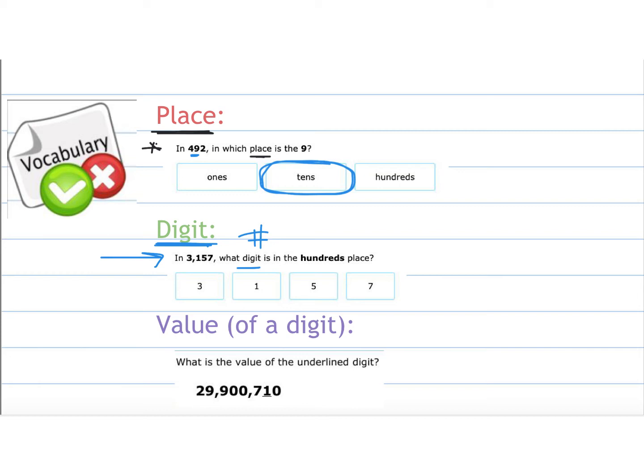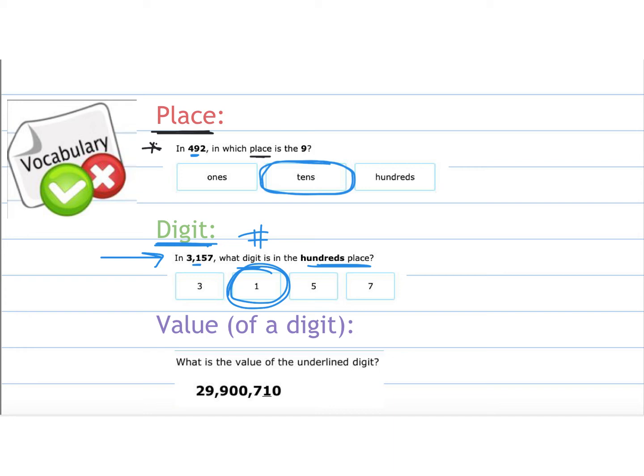So we know that 7 is ones, 5 is tens, 1 is hundreds, and you can definitely be using your green chart if you have it in front of you. And when we do more place value stuff and you have that chart in front of you, that will help as well. But 1 then is the digit in the hundreds place. So we have hundreds place, and then the 1 is the digit.